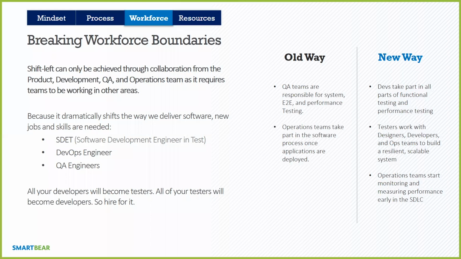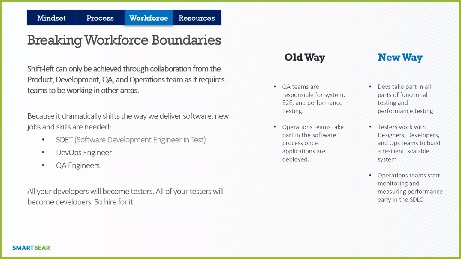And because it drastically shifts the way we deliver software, this is why we are also seeing new jobs and skills hit the market. So you see roles like software development engineer in test, DevOps engineers, QA engineers, and that's because of this idea that maybe there is more of a demand for technical skills to allow for shifting left in general.